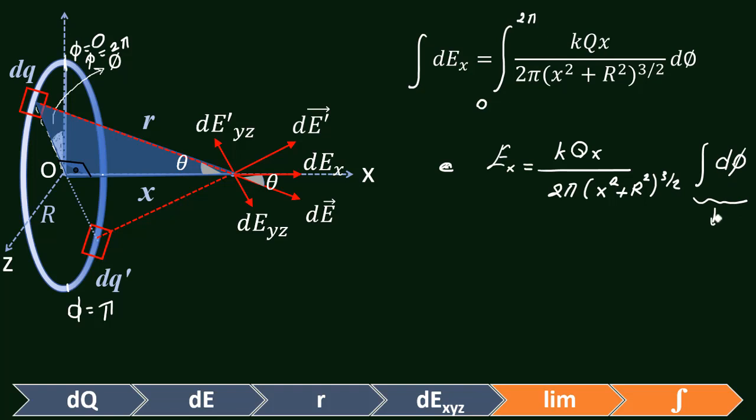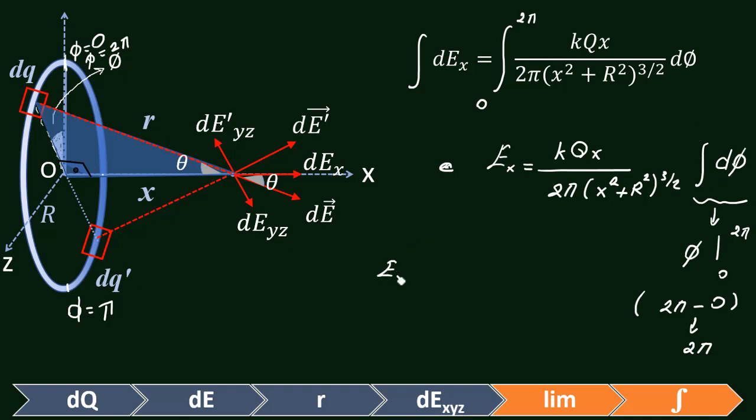So they're all constants for my integral, and all I have left in the integral is a d phi. And this integral of d phi is just phi from 0 to 2 pi, which is 2 pi minus 0 when you put the limits in, leading to an angle of 2 pi. So this here is 2 pi.